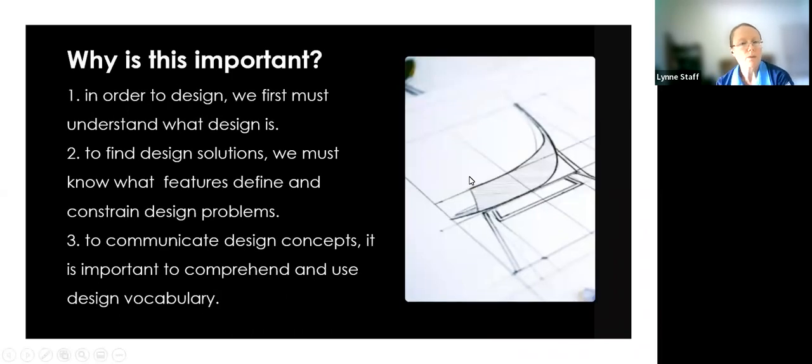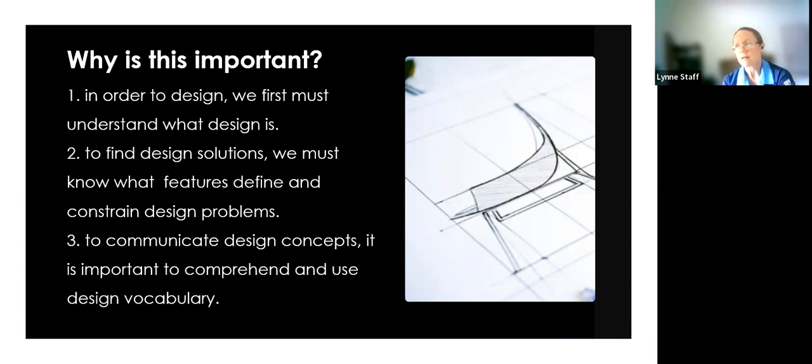Okay, so let's have a look at why our criteria are important. So firstly, in order to design, we must first obviously understand what design is. Secondly, to find design solutions, we must know what features define and constrain design problems.